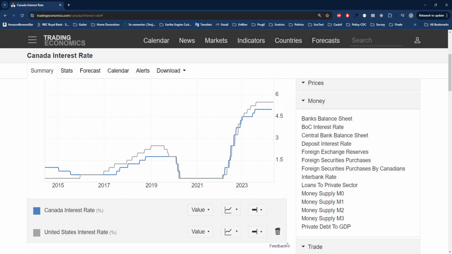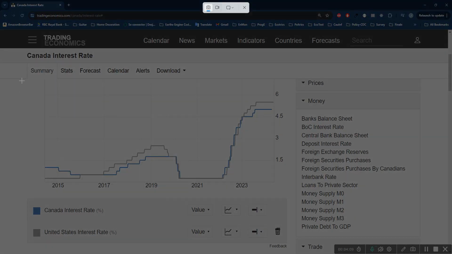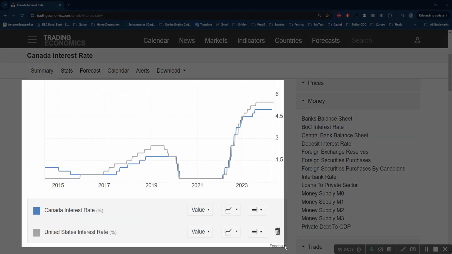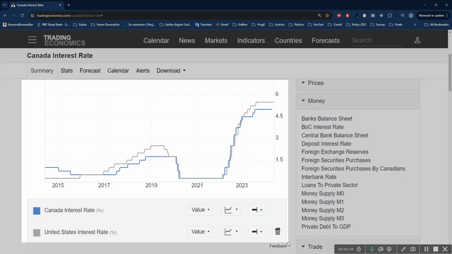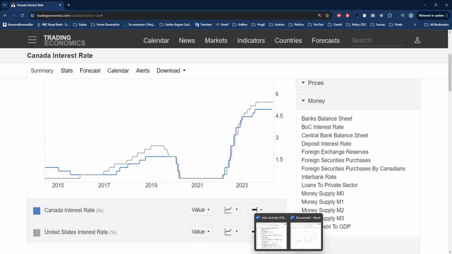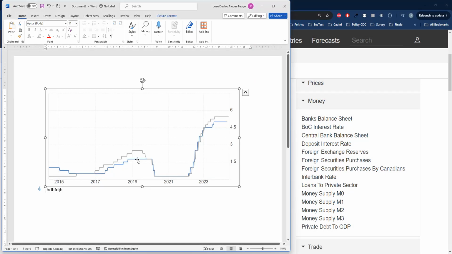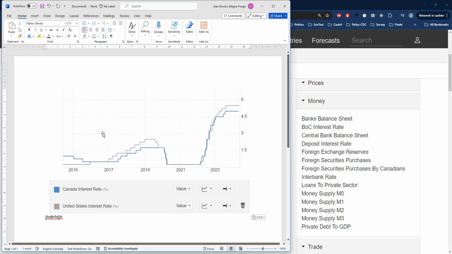I'll do it one more time because I missed an important part. Let me delete that and do it once again, because now we can clearly see that this is Canada and this is the USA. We can distinguish them. You can play around with that.